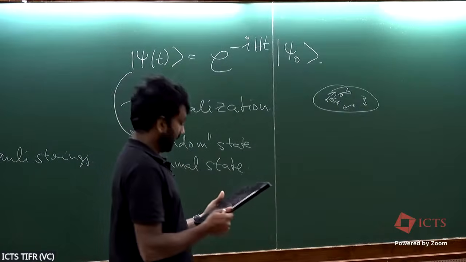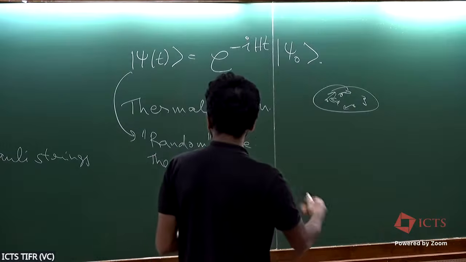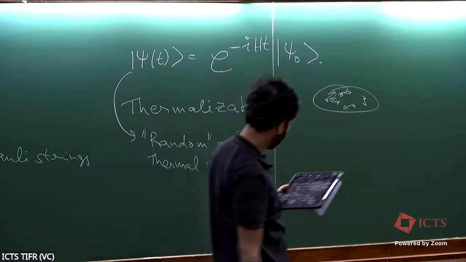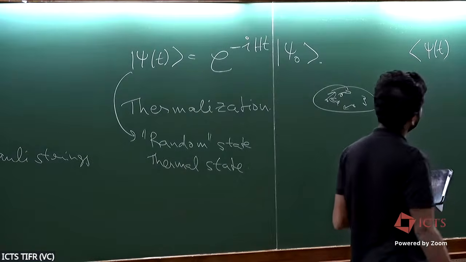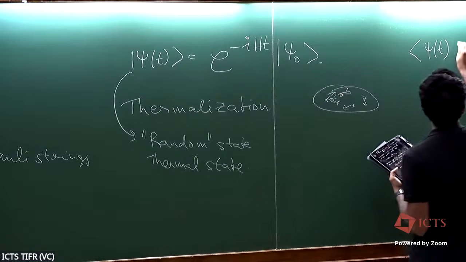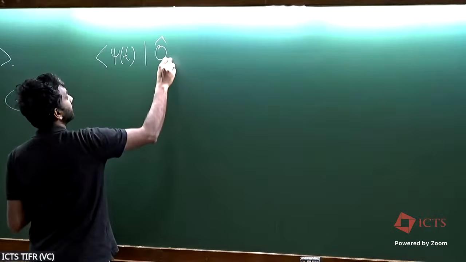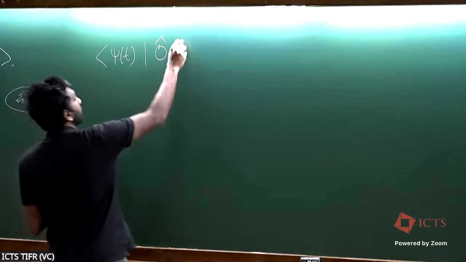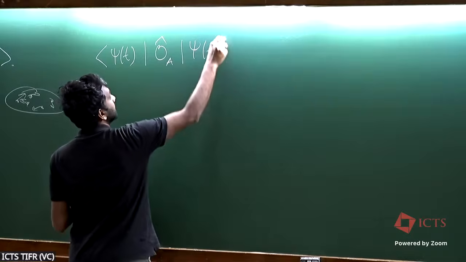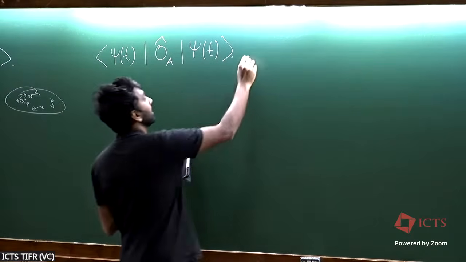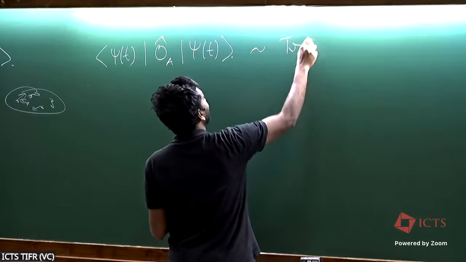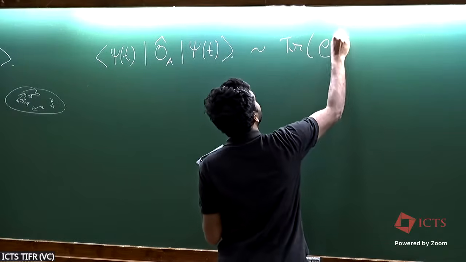The way this final state is thermal is in the sense that if I look at the expectation value of any local observable, say some operator O which I'm measuring in this final state, this should look as though I'm doing thermodynamics on this operator.